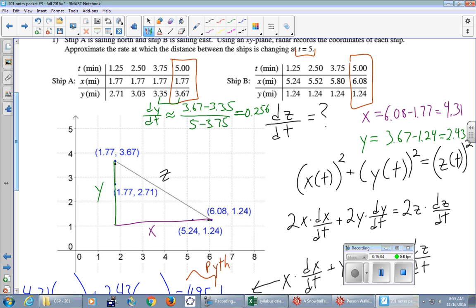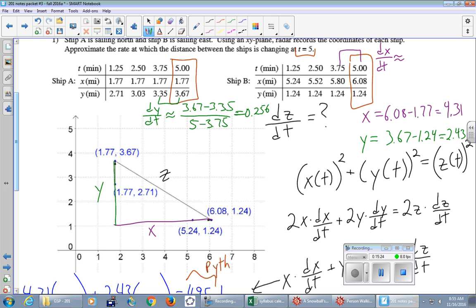Then we play the same game with dx/dt, which is over here in purple. Focusing only on these 2 points, dx/dt is approximately equal to the change in x over change in t, change in distance over change in time.